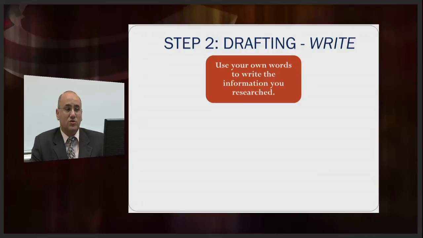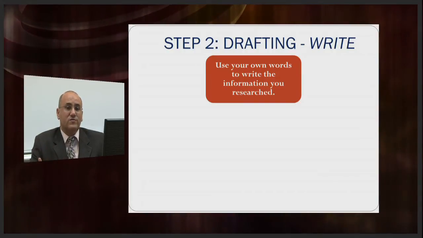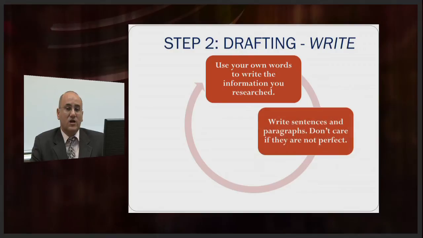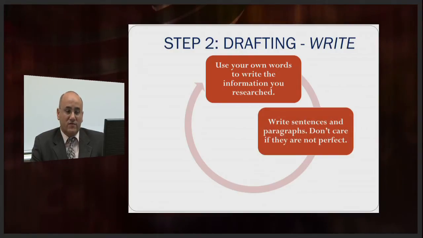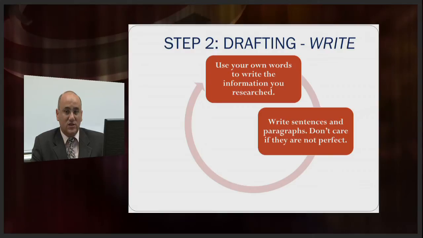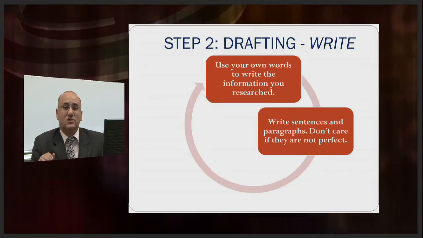Now use your own words to write the information you researched, the information you collected from your research. Then write sentences and paragraphs. At this stage, don't care if they are not perfect. We don't need them to be perfect at this stage. Just put your sentences, just put your paragraphs and go.